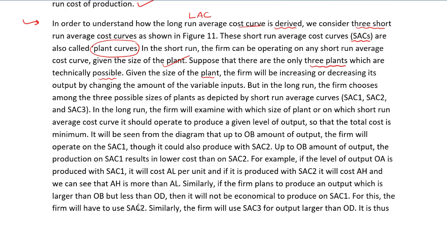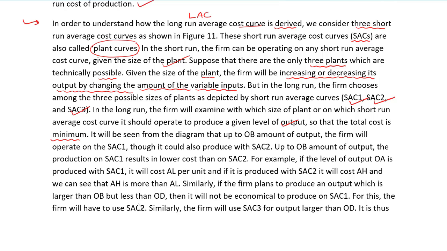Given the size of the plant, the firm will be either increasing or decreasing the output by changing the amount of variable inputs. But in the long run, the firm chooses among three possible sizes of plant as depicted by short run average cost curves SAC1, SAC2, SAC3. In the long run, the firm will examine which size of plant should be operated to produce a given level of output so that the total cost is minimum.